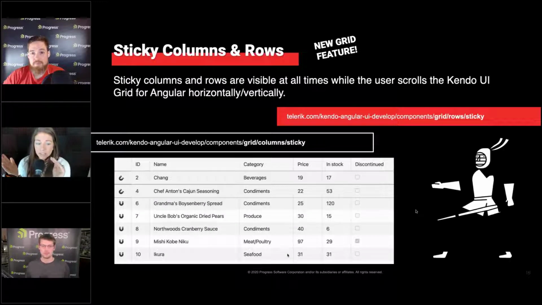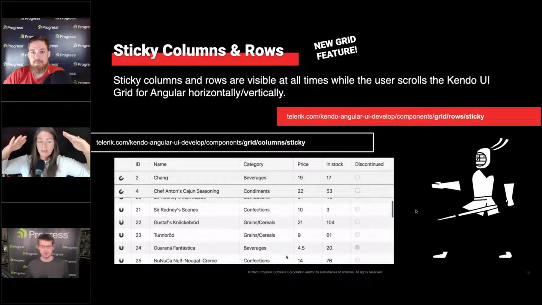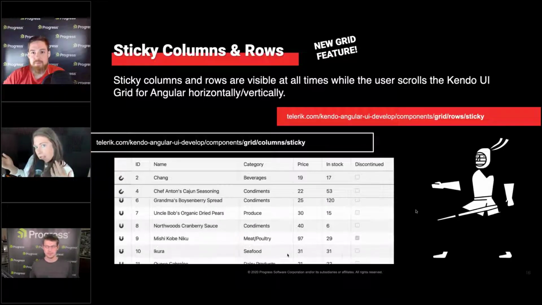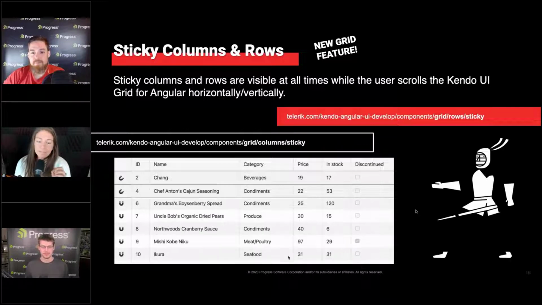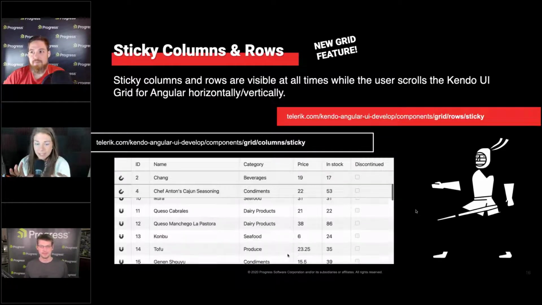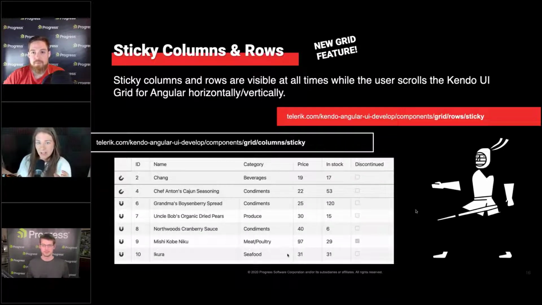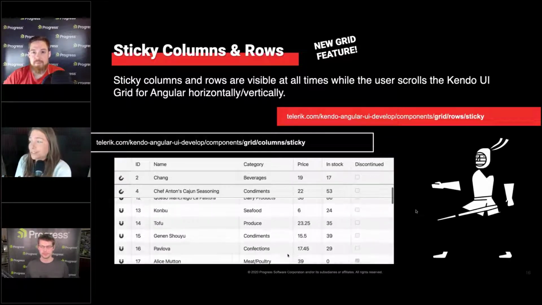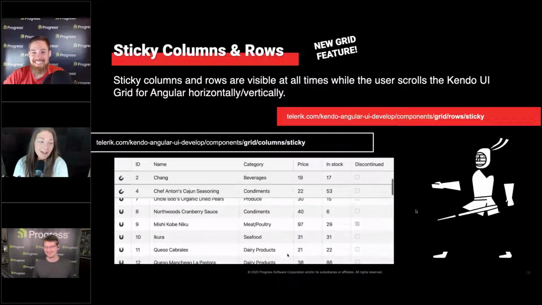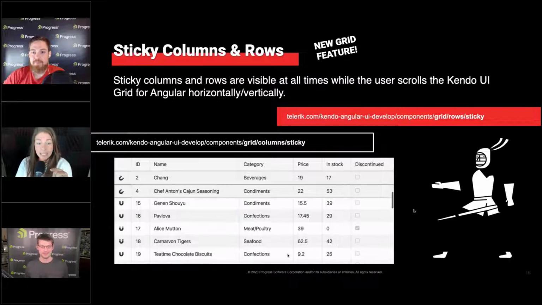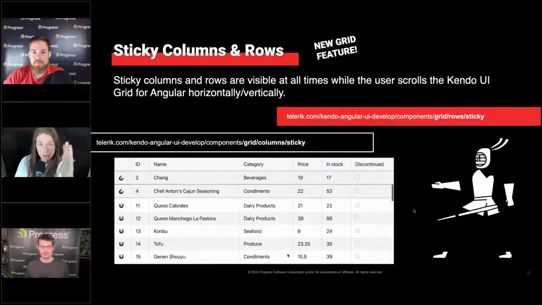Whether you're going horizontally or vertically, it'll just plop itself on the top, left or right, whichever way you're scrolling, which is really handy for really intense, heavy data grids where you need to keep track of certain bits of information, and you don't want to be on your sticky notes writing that down while you're hunting through. So it's very useful.